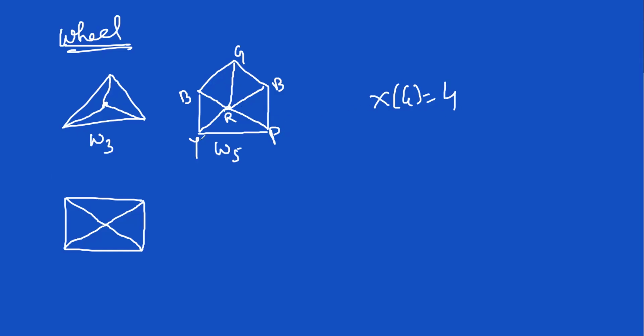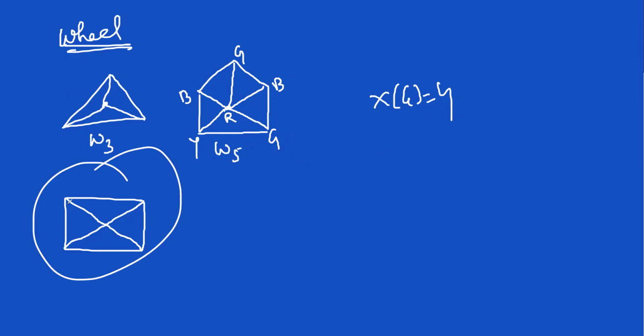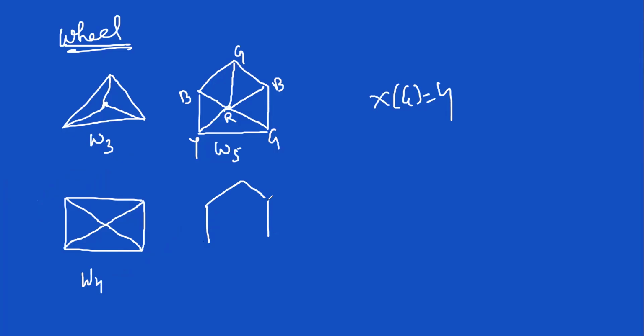So how many chromatic number are there? Yeah, it can be green. Very good. So how many colors we used here? Four colors. And what is the chromatic number of this? Three colors.